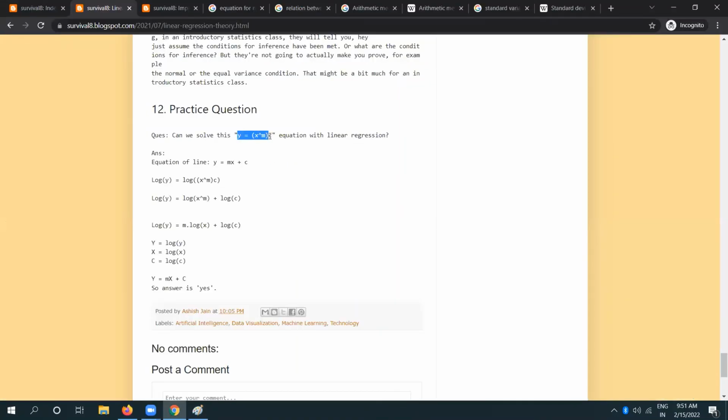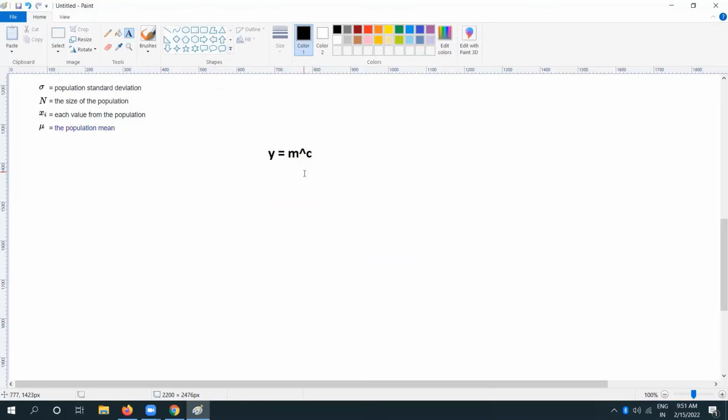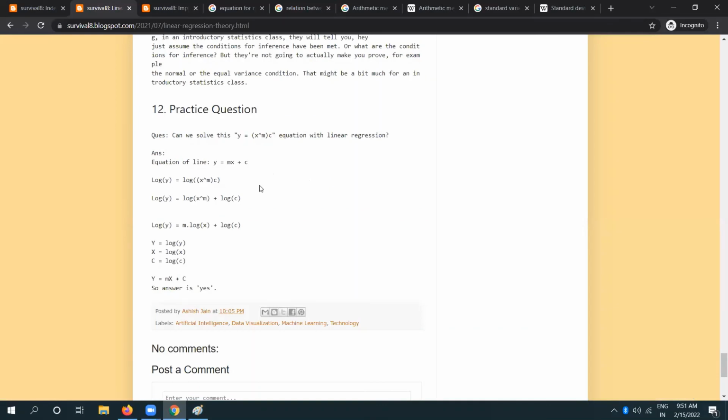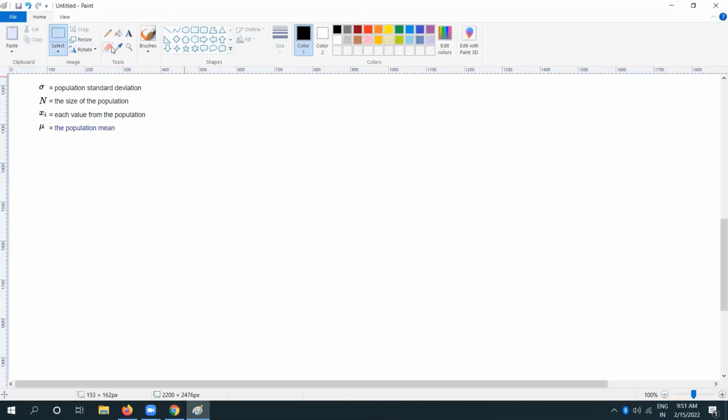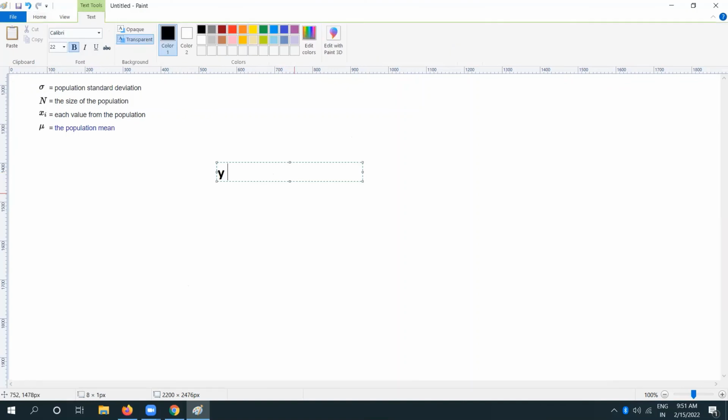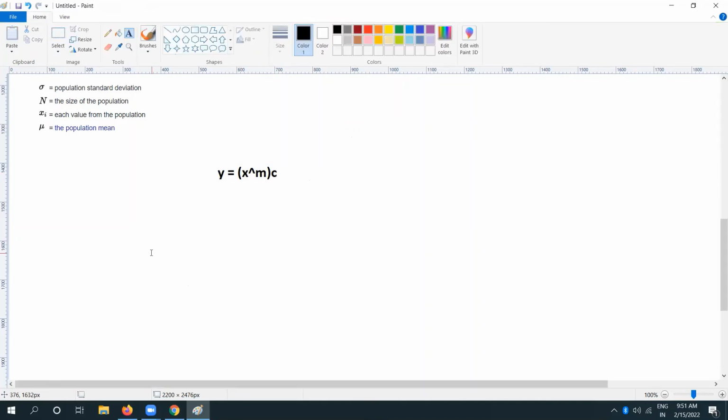It's x to the power m into c. So y equals x to the power m into c. This was also asked to me in an interview. Can we solve this using linear regression?